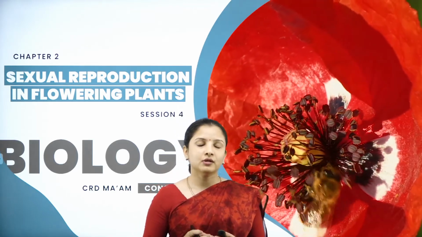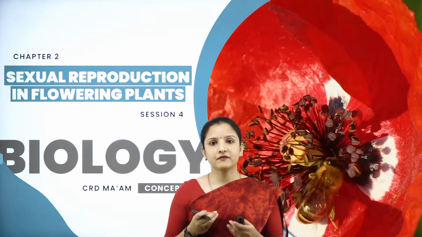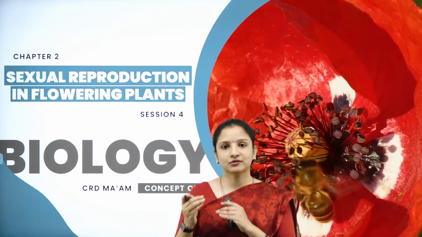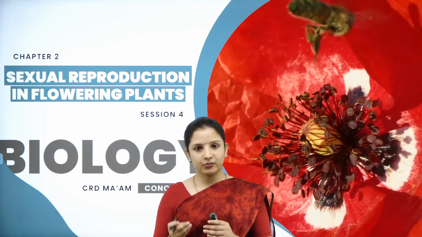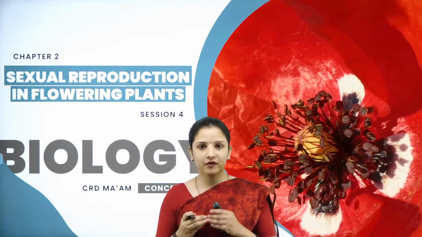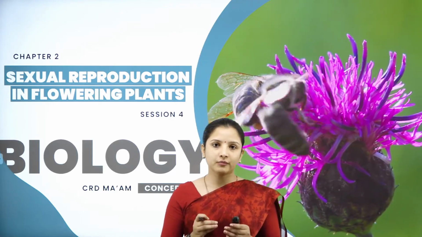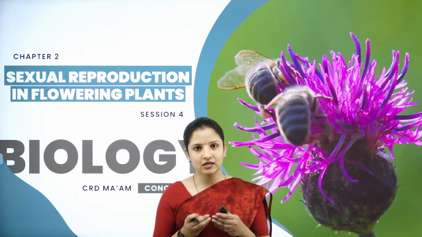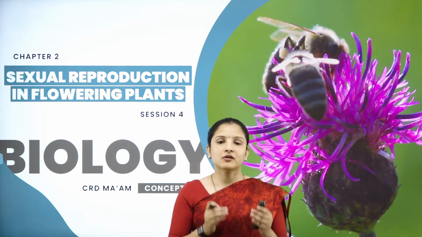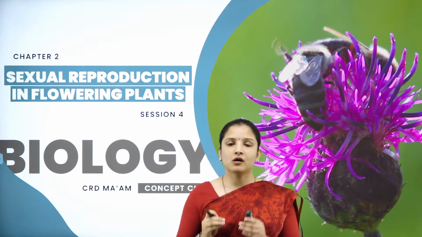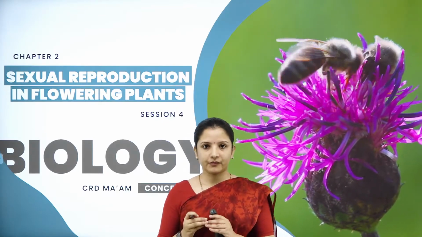And I told you that after the pre-fertilization events, if fertilization has to occur inside an embryo sac, which is called double fertilization, then the pollen grains formed during the pre-fertilization event have to be carried from the anther to the stigma of another flower or of the same flower.